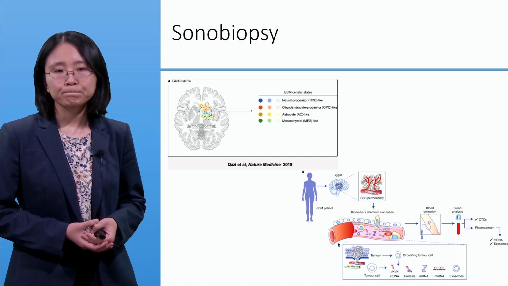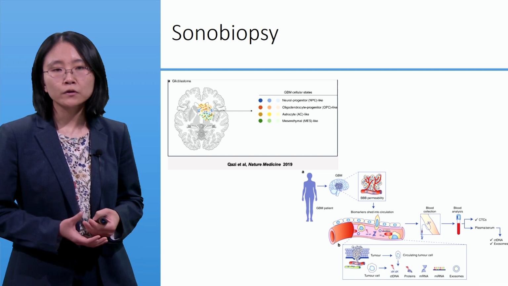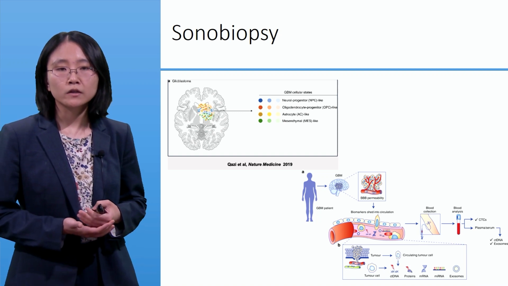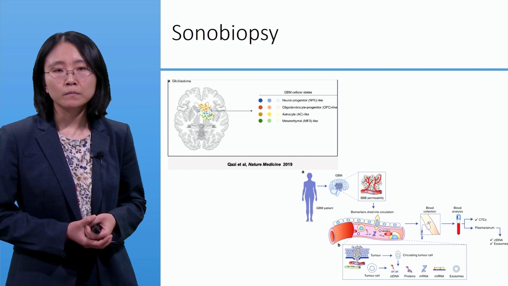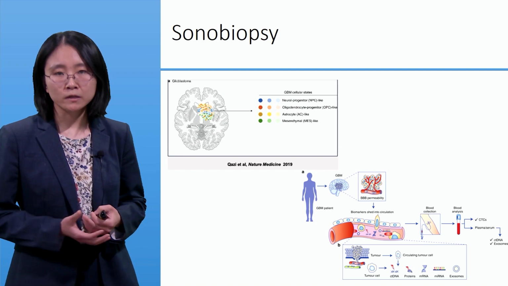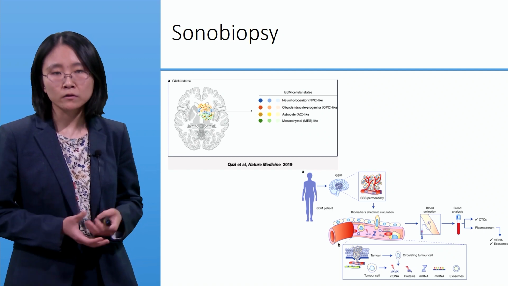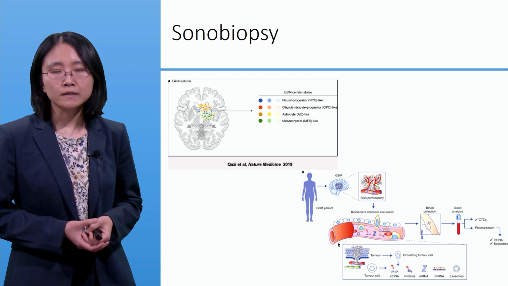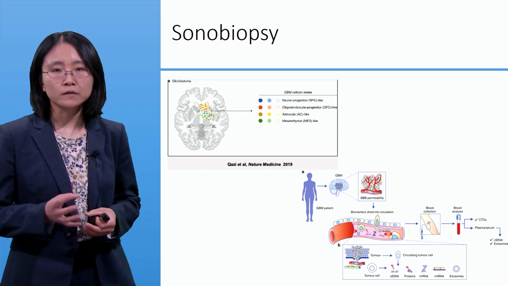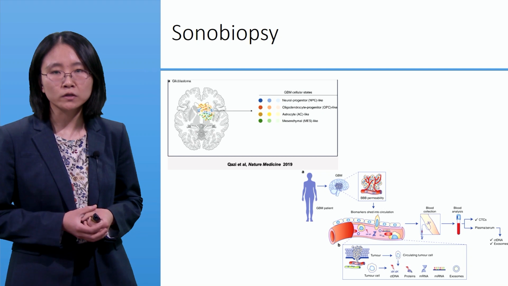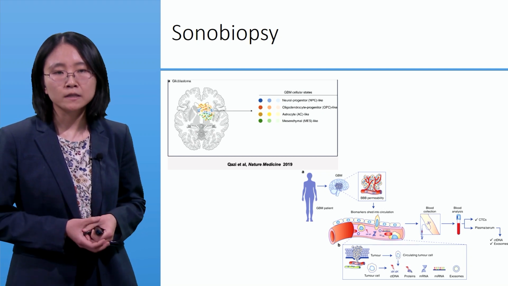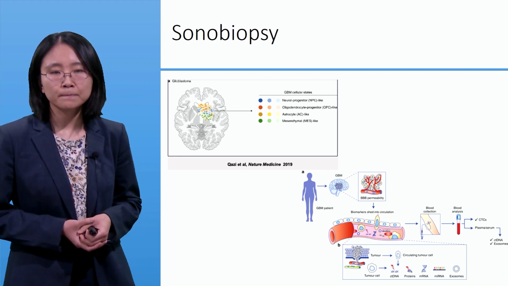Another challenge of this technique in brain tumors such as glioblastoma, which is quite heterogeneous, is the fact that we're not able to sample different areas of the tumor spatially, and they can have quite different biological characteristics.